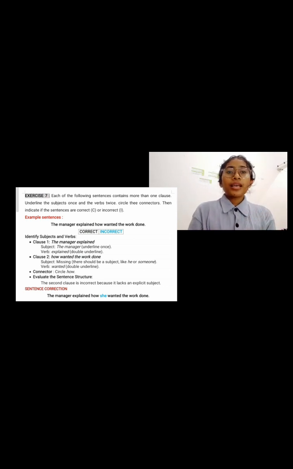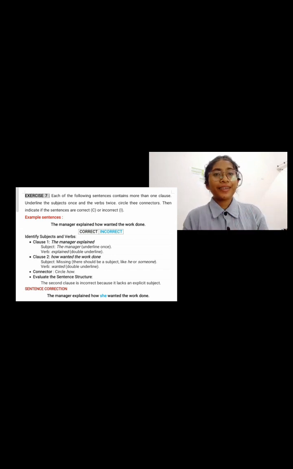The second clause is how wanted the work done. In this clause, there is no subject and it only has the verb wanted, and how as connector. Okay guys, so the conclusion is the sentence is incorrect because it does not have a subject in the second clause. For the second clause, the subject can be either he or she. So the correct sentence is: the manager explained how she wanted the work done.